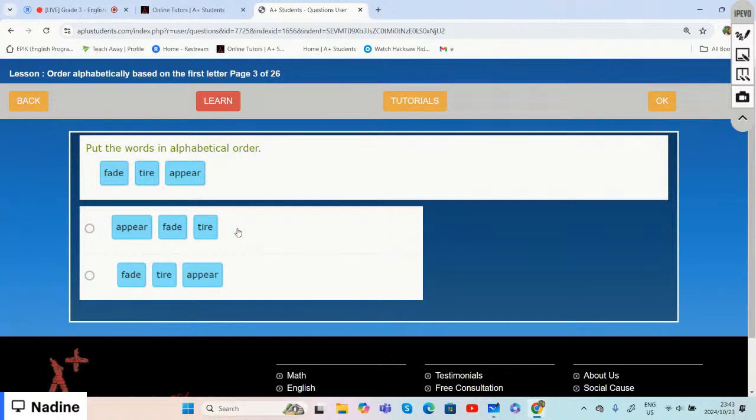Remember we said we first look at the first letters. If the first letters are the same, then we go to the second letter. Fade, tire, appear.